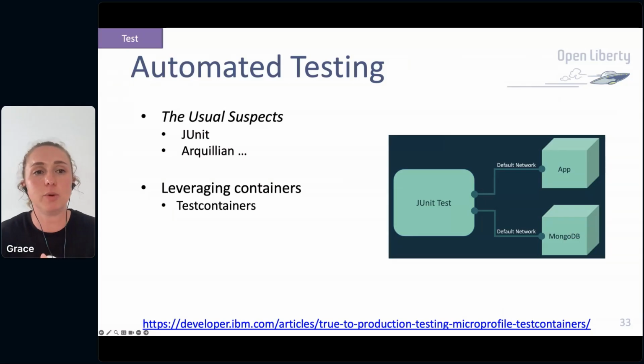To do this effectively, we can obviously make use of the usual suspects, things like JUnit, or it might be Arquillian you're using, but we can also make use of container native technologies like Testcontainers to be able to mimic our production-like environment on our local machines.